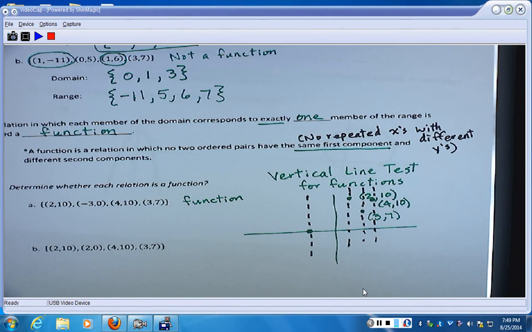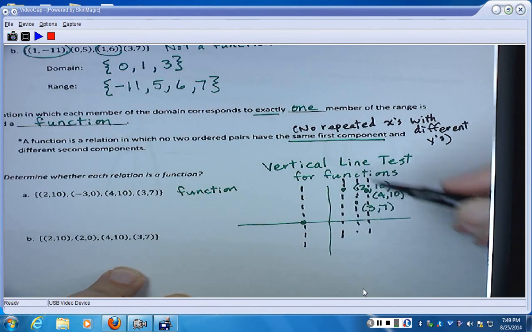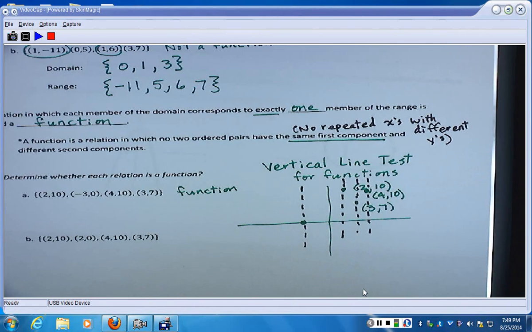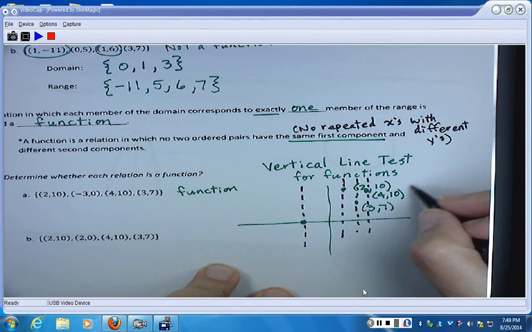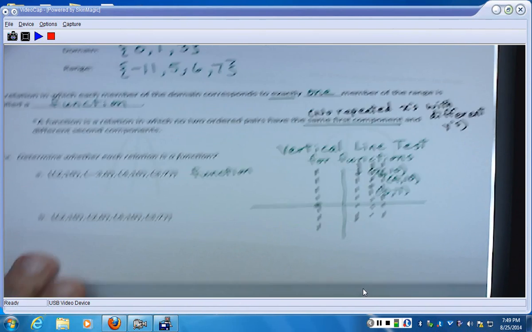Since I can only go through one point with each vertical line, this is a function. If it went through 2 points, it wouldn't be. So what's the next one?